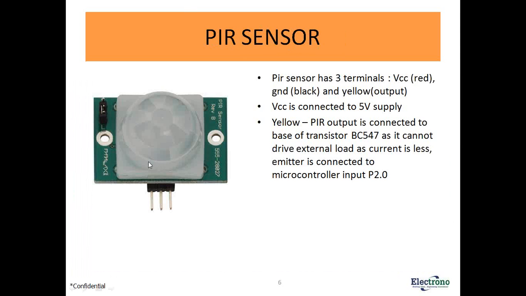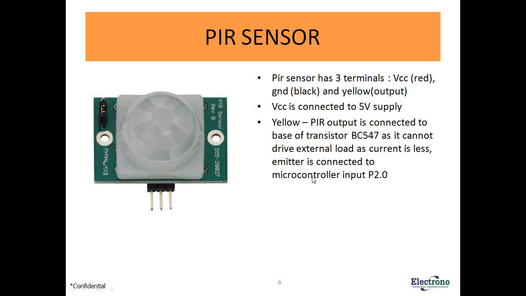So here we have a PIR sensor which has 3 terminals: VCC, ground, and yellow is output. VCC is connected to the 5 volt. The yellow PIR output is connected to the base of the transistor, to drive the external load, as the current is less.